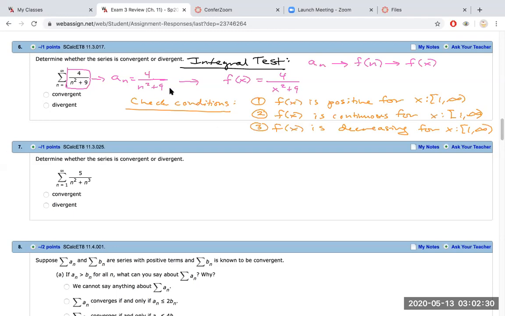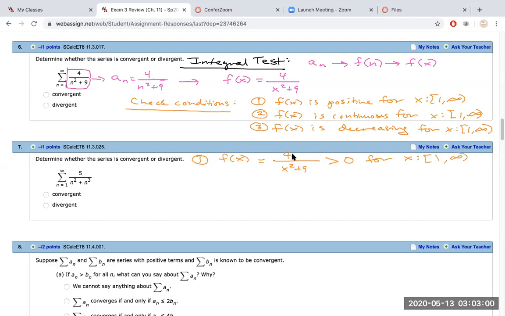for this one, to check our conditions, one, f of x equals 4 over x squared plus 9. Hopefully you can see that for values of x 1 or greater, this will indeed be positive, for x being 1 up to infinity.